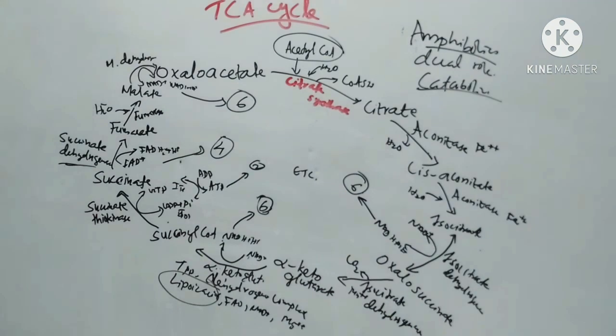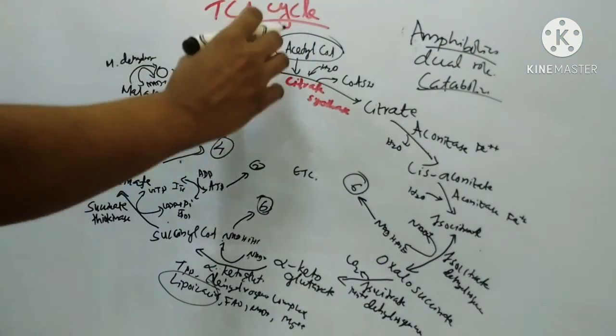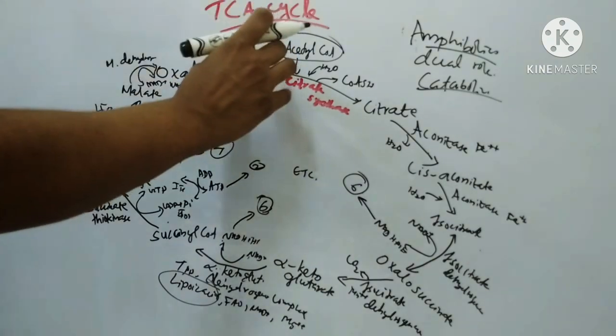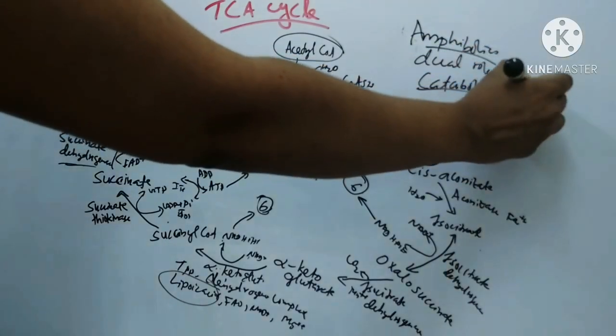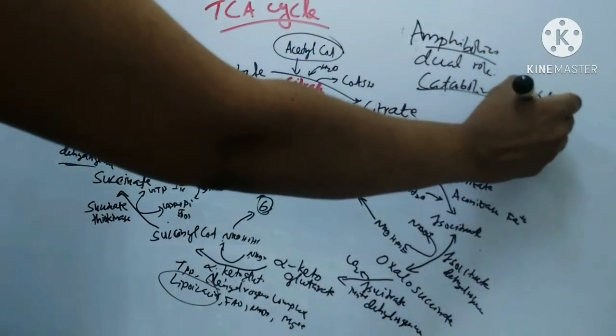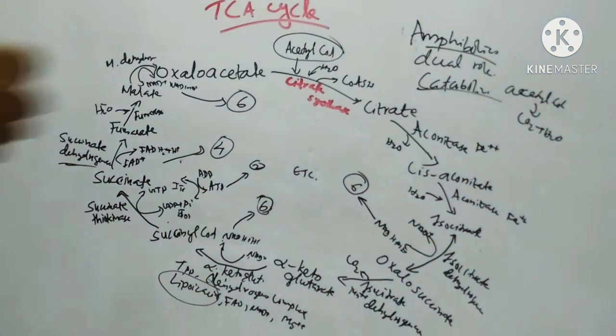Catabolic means acetyl-CoA produced from the metabolism of carbohydrates, lipids and proteins is oxidized in this cycle to carbon dioxide and water and energy as ATP. That is the catabolic role.